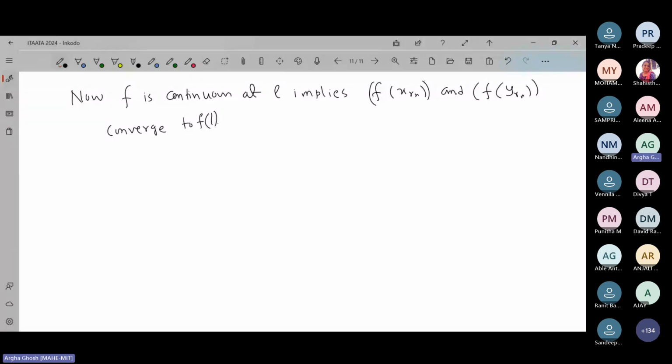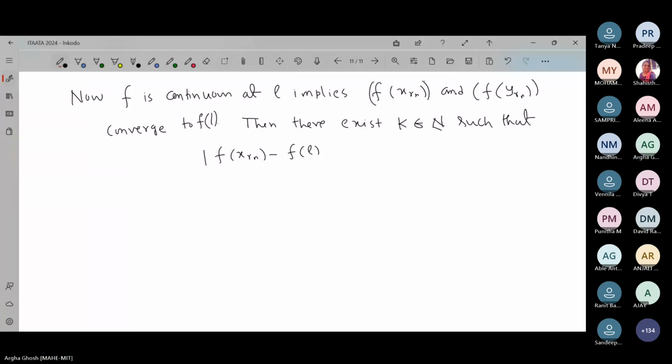Then there exists K belonging to the set of natural numbers such that f of XRN minus f of L is less than epsilon naught by 2, and f of YRN minus f of L is also less than epsilon naught by 2 for all n greater than K. Why is this so?